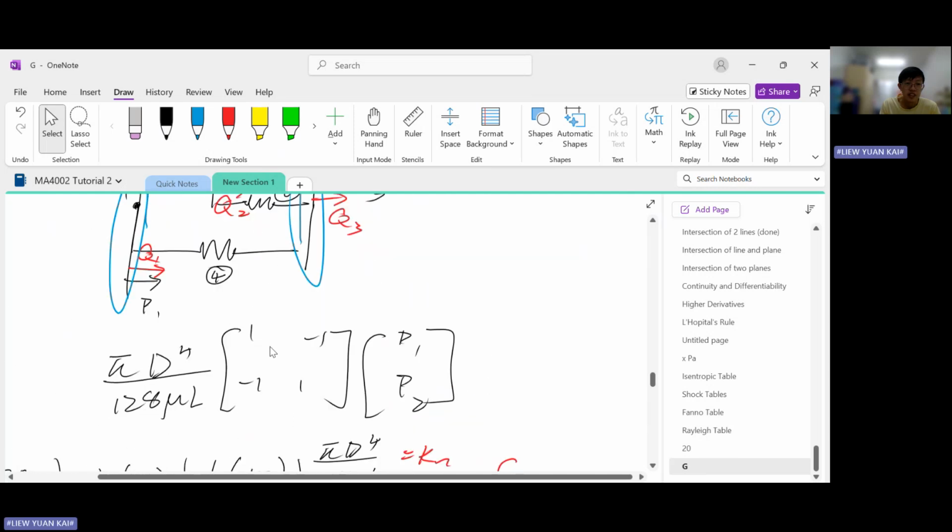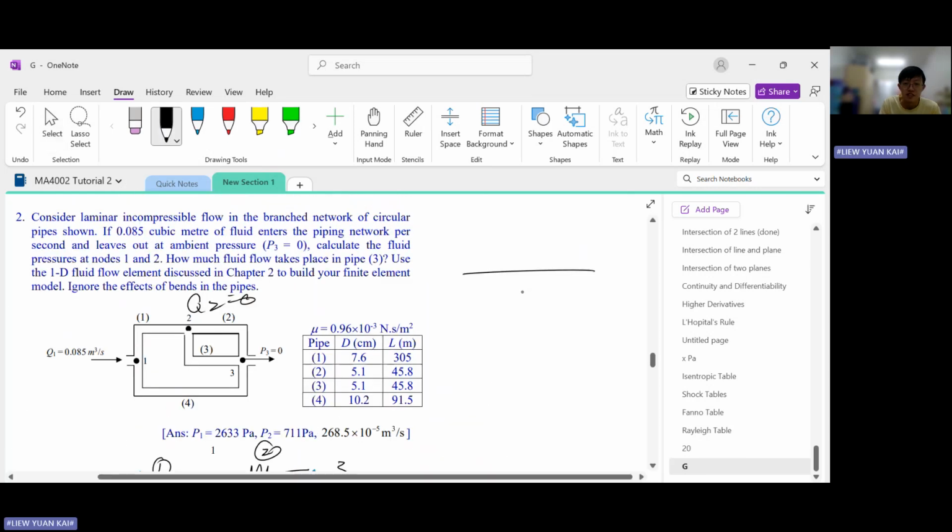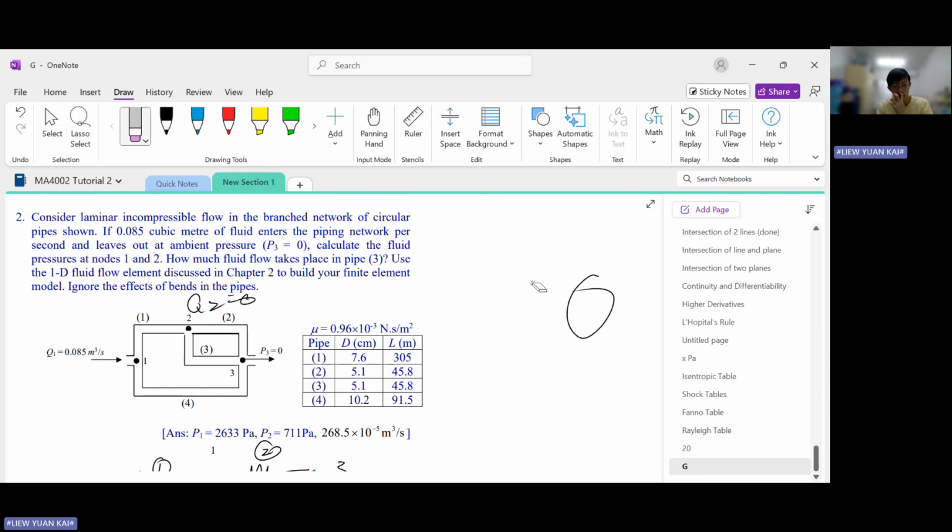What I mean is, if this was a pipe, and this is node 2, it's not like I puncture a hole in node 2 and inject fluid or extract fluid from node 2. That's why Q2 is 0.